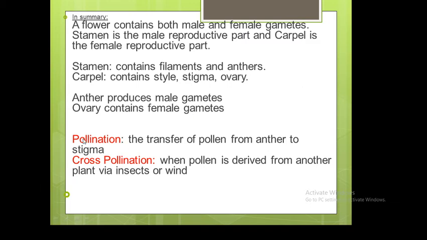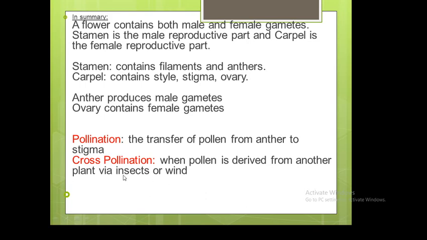Let's go to know the types of pollination that take place. Pollination is the transfer of pollen from the anther to the stigma. We have here cross pollination, when the pollen is transferred from one plant to another plant by insect or wind, okay.